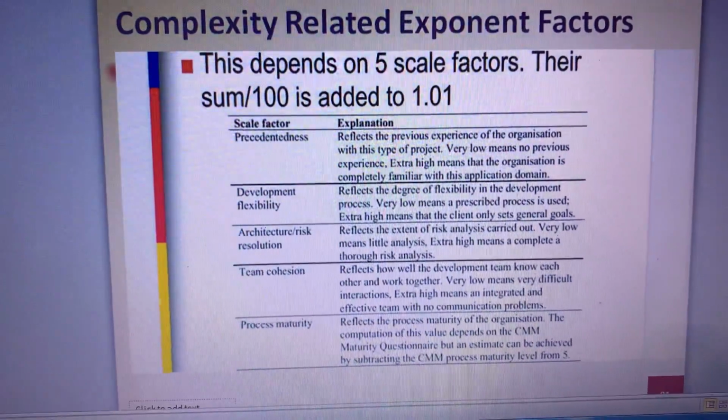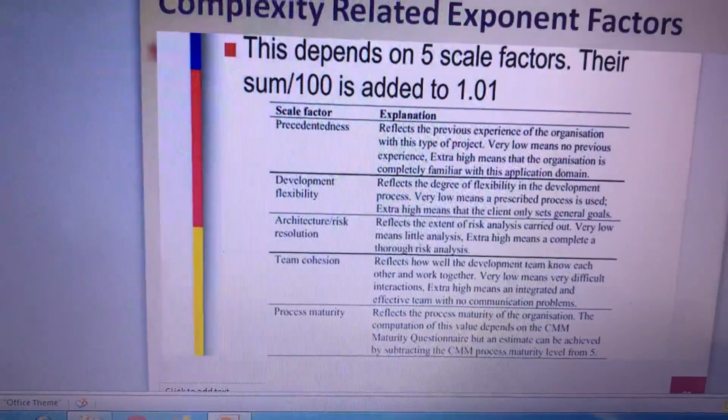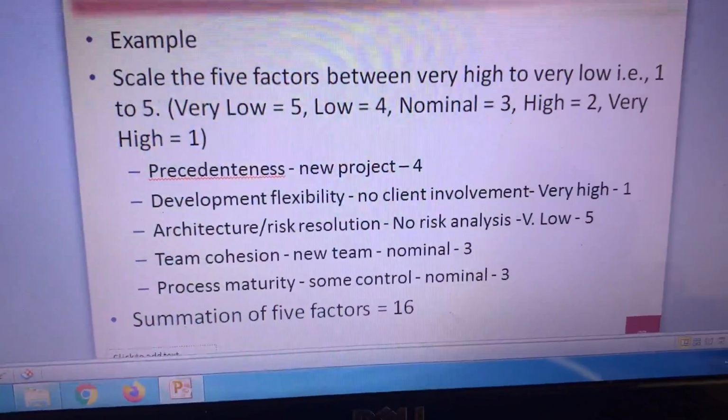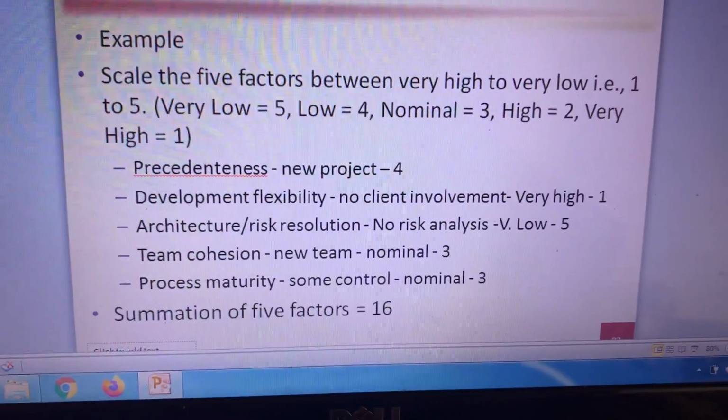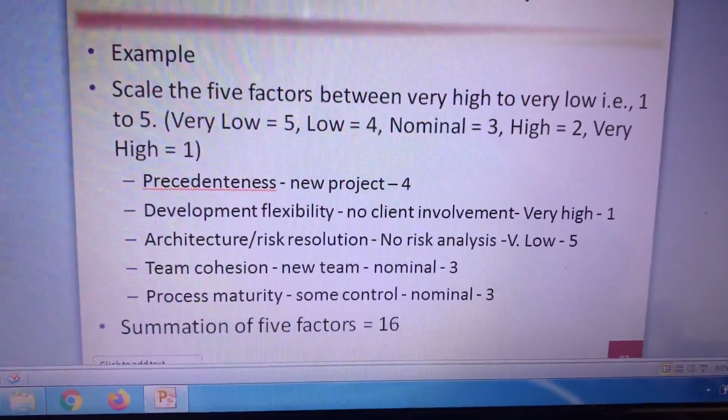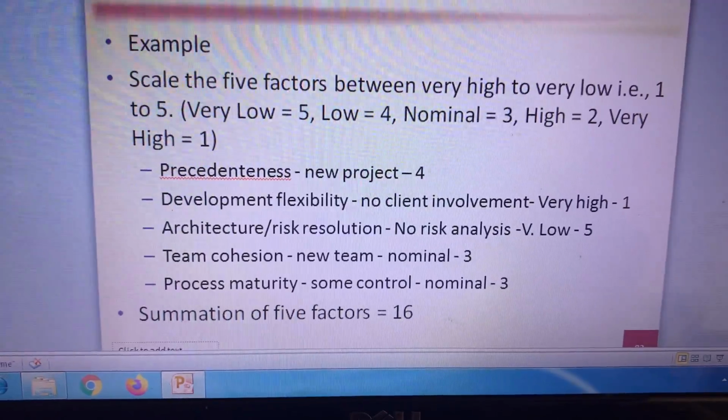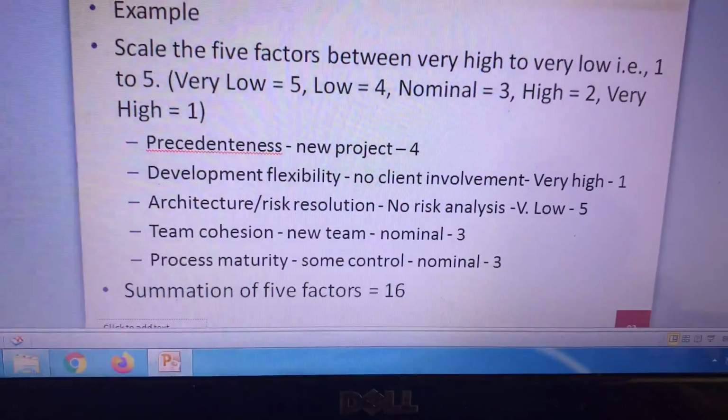So you have to scale them between 1 to 5. 1 means very high, 2 means high, nominal means 3, 4 low, and very low 5.